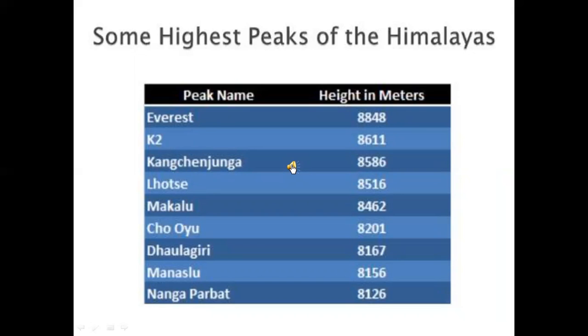Next is K2, 8,611, which is in POK, and next is Kanchenjunga, 8,586. So technically we can say that Kanchenjunga is the highest peak in India, which lies towards Nepal and Sikkim.